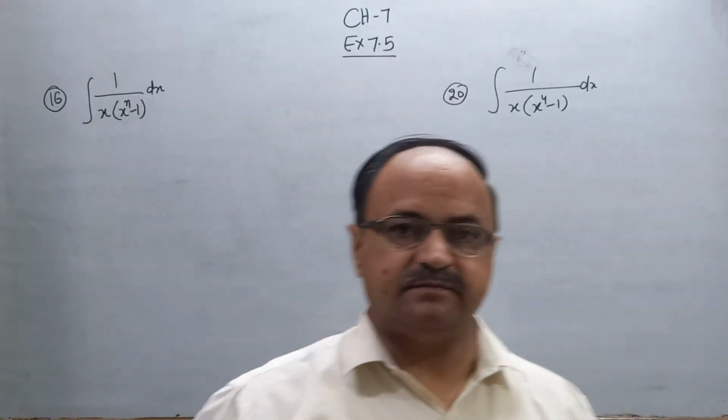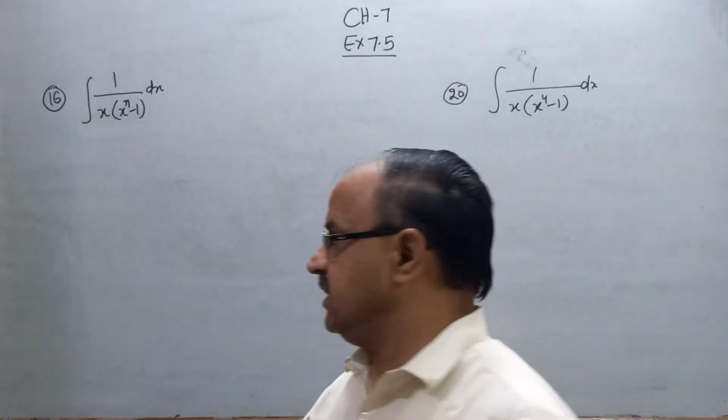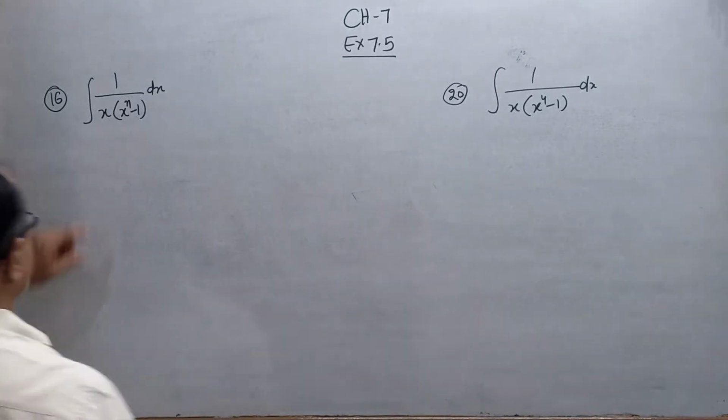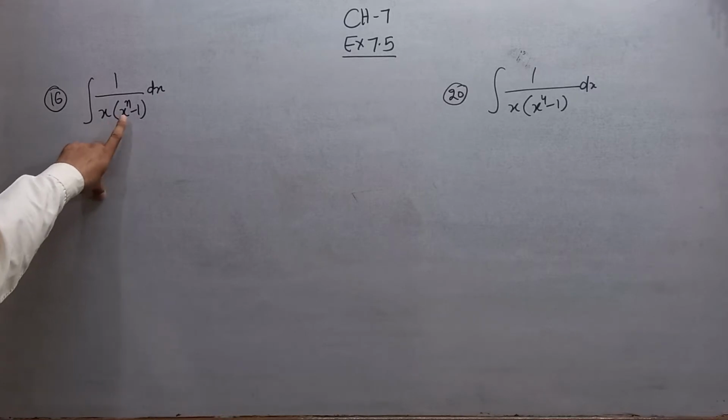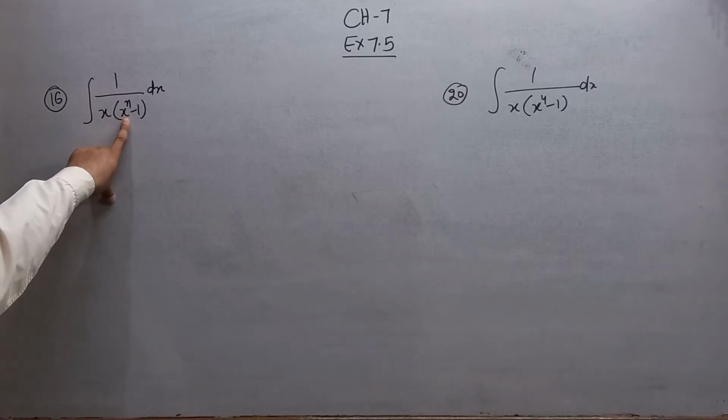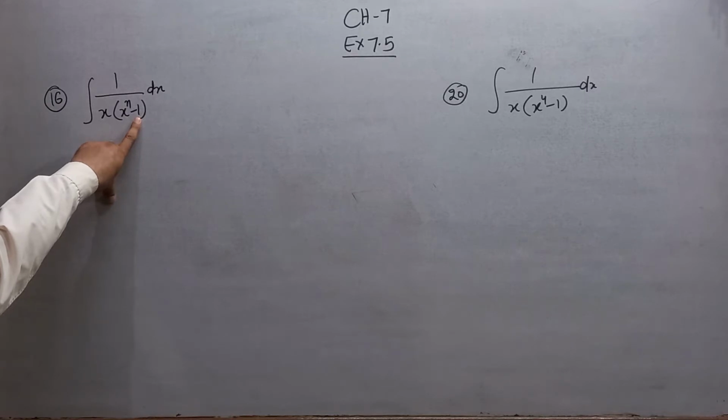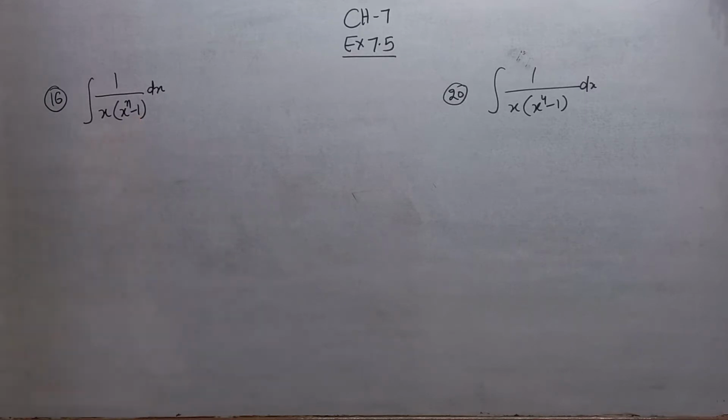This is a different type of partial fraction. In this type, always only x is present, and x to the power n, such as x to the power 4, x to the power 3, x to the power 6, x to the power 7, x to the power 8. Here the constant term is always 1, 2, 3, 4, and so on.